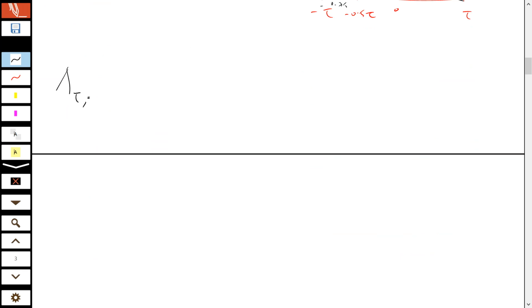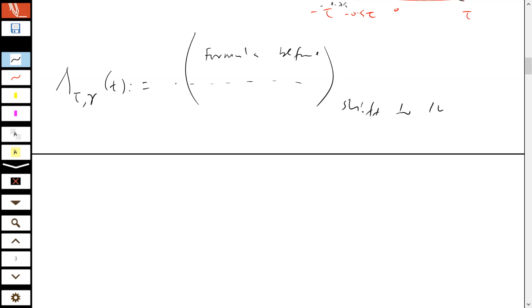Uppercase lambda tau comma gamma of t will have our formula. I'll just write the formula before. We know how to write that formula. And in that formula, we will introduce a shift to the right, by gamma times tau.